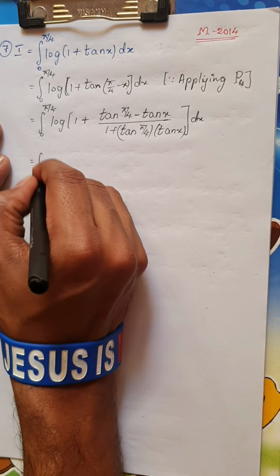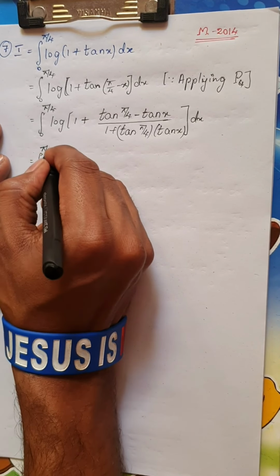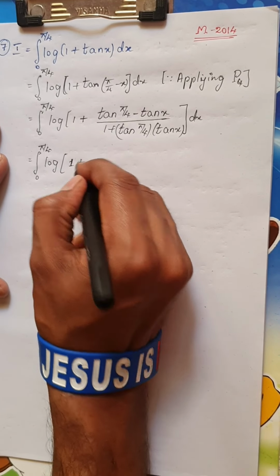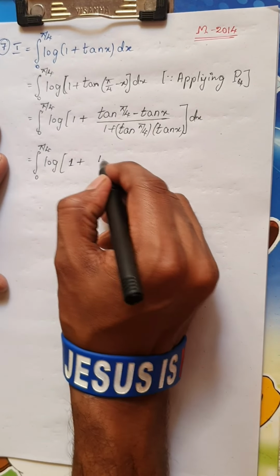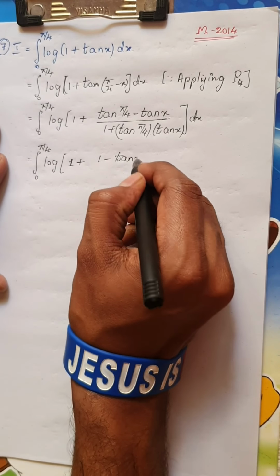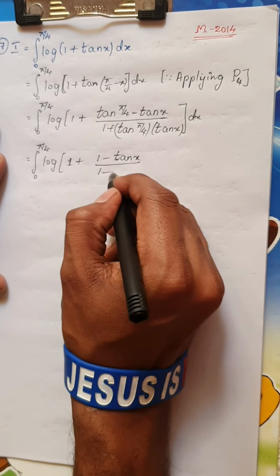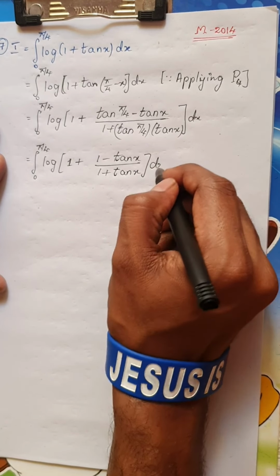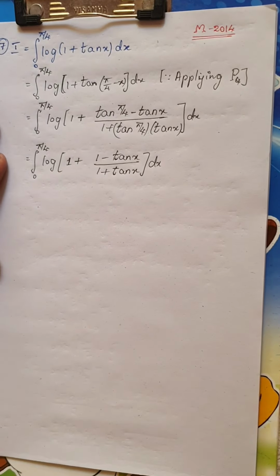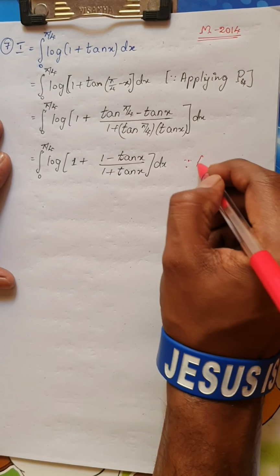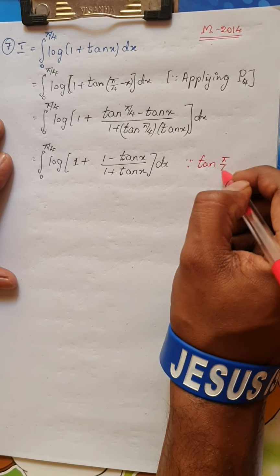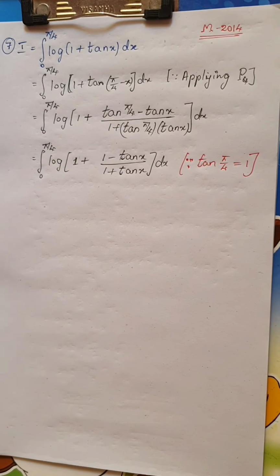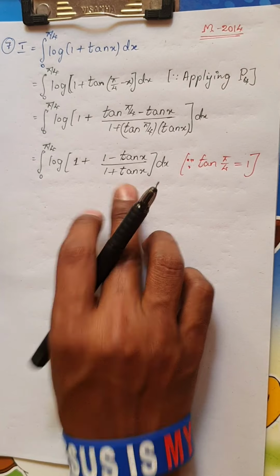So this is nothing but integral from 0 to pi by 4 log of 1 plus, we all know tan 45 is 1, so you can write it as 1 minus tan x divided by 1 plus tan x dx. The reason is, tan pi by 4 is nothing but 1.